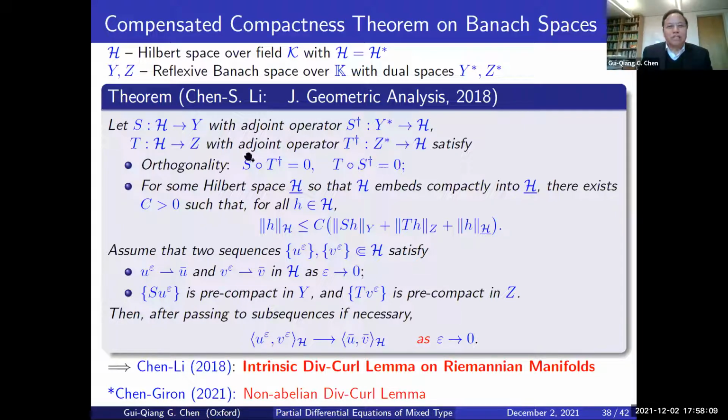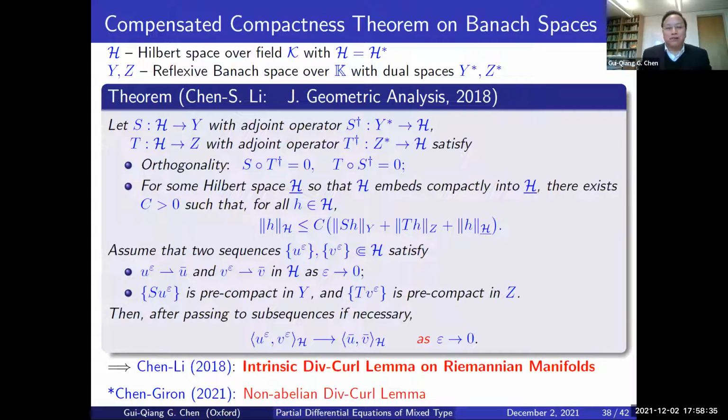So you can set this up in a Banach space. You can put this form, then put a condition for the adjoint operator. Then you are given two sequences, and the operator acts on these sequences with this property. Then you still keep the weak continuity over the Banach space. So this Banach space setup is very general.